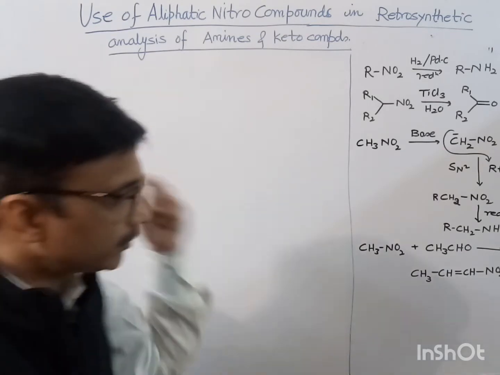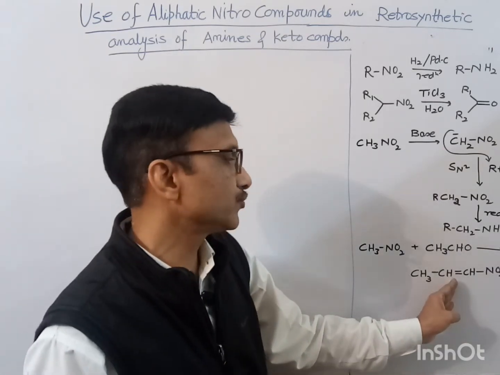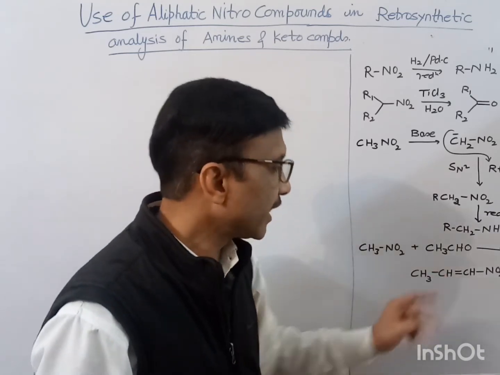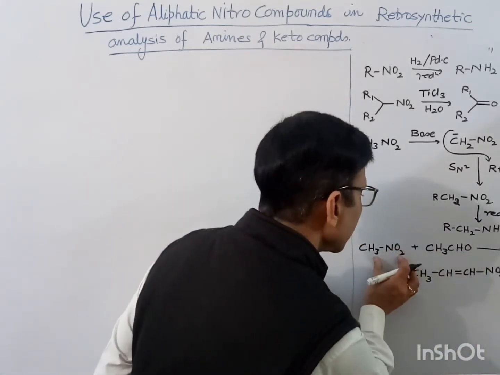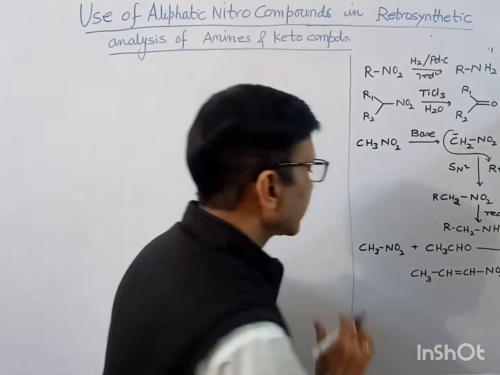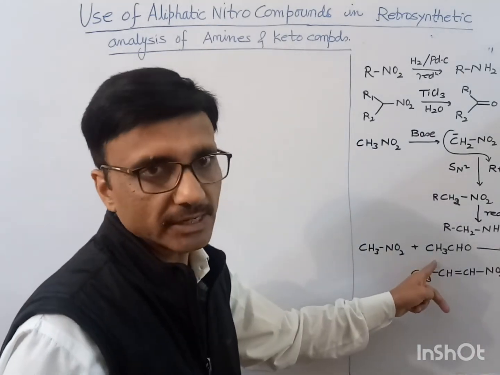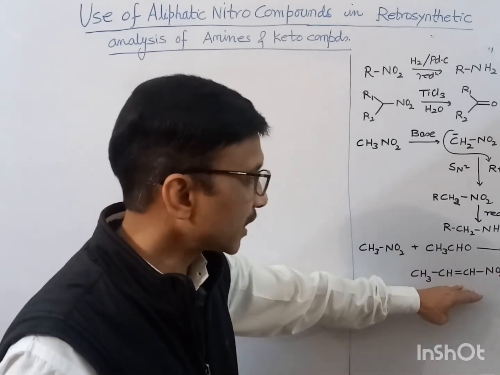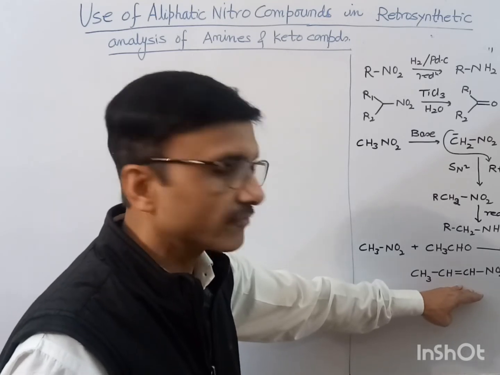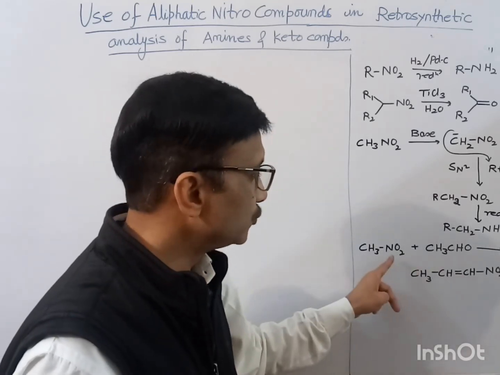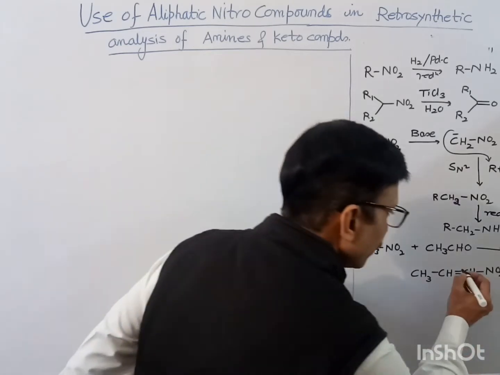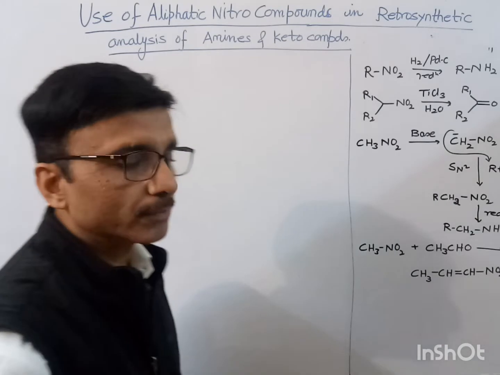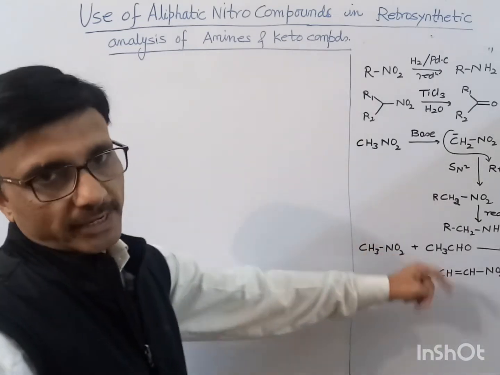So if we have an alpha beta unsaturated nitro compound, then that can be converted into two reactant molecules: one is the nitro compound and another is the aldehyde. If we have this target molecule, it can be interconverted via FGI, and if we give a disconnection over here, you will get the nitro compound and the aldehyde.